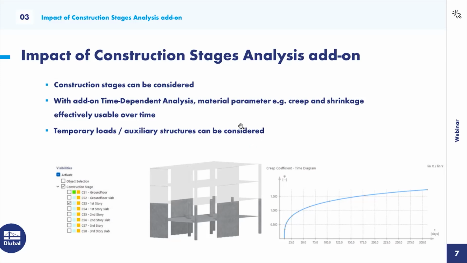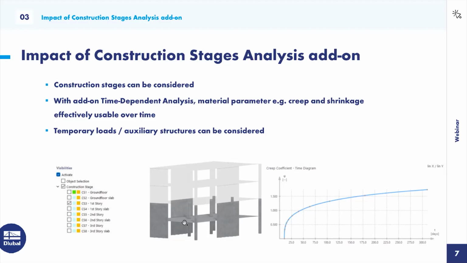Another option you have with these construction stages is when you have, for example, temporary loads, which exist only for a time or for a construction stage, and these loads are gone at the end of the building. So you can consider these loads.